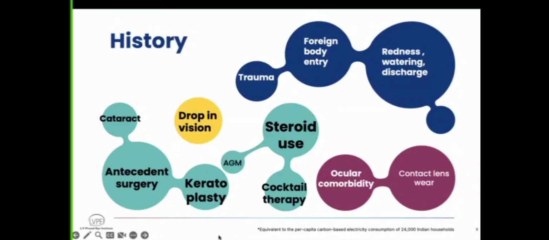Most of the time after surgery, if any patient is complaining about redness, discharge or watering, then in general after certain surgeries we use corticosteroids.